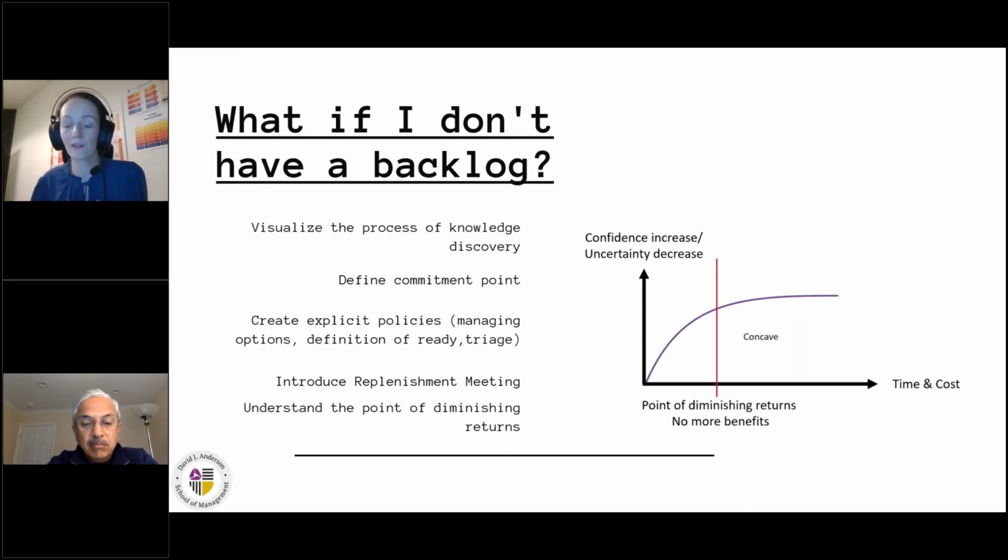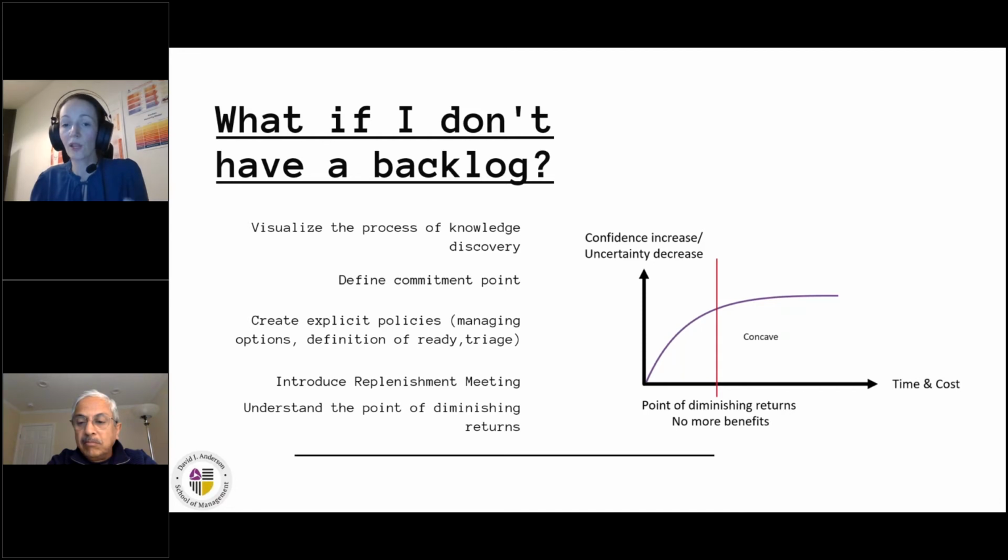There are no more benefits from your effort of gathering more information. Confidence doesn't increase that much anymore. And this is the point of diminishing returns, so this red line. And this is the moment when you make a decision. Do we invest? Do we discard? Do we shelve?